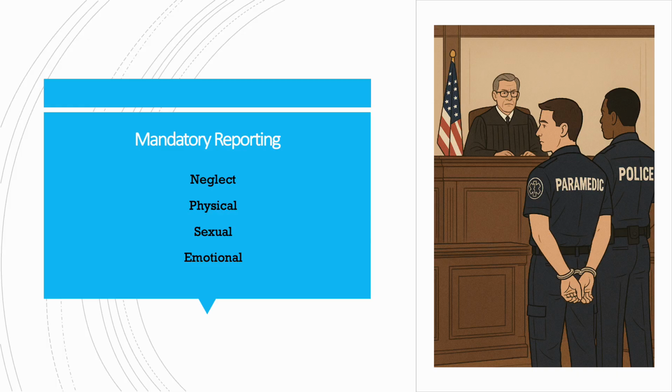There are different forms of abuse, including neglect, physical, sexual, and emotional. If you fail to report, you can be charged with a Class 3 misdemeanor and be liable for damages caused by failing to report. When in doubt, contact medical control or call the phone numbers listed in our protocol to get guidance.